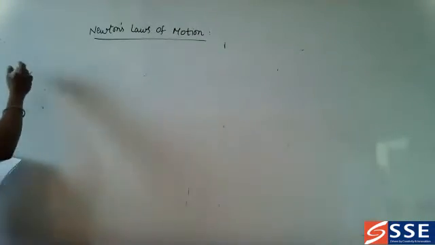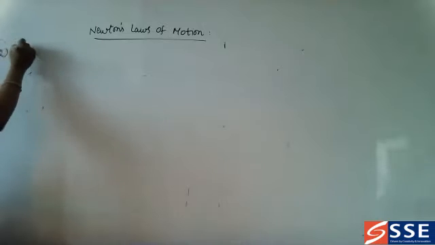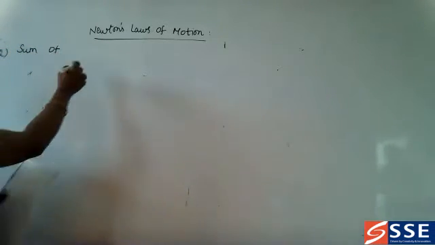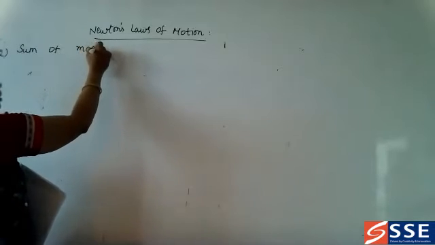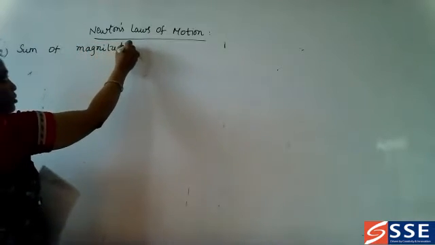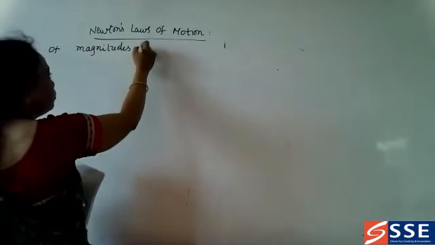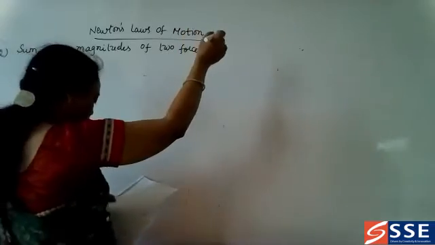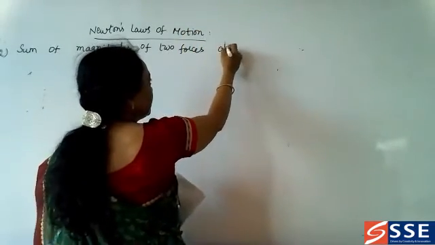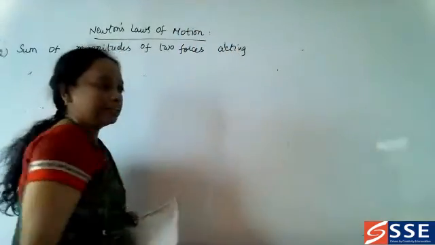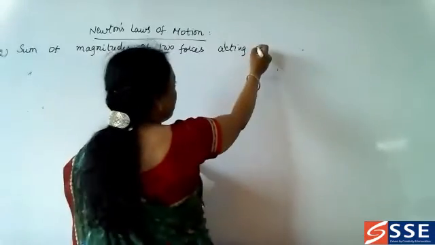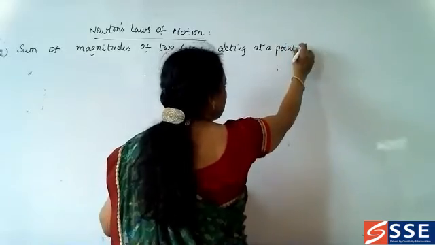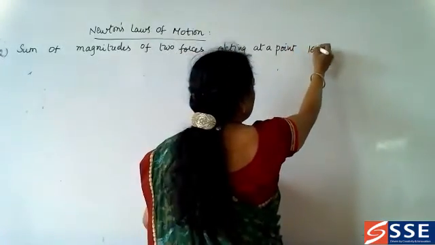Second one: the sum of the magnitudes of two forces acting at a point is 16 Newton.